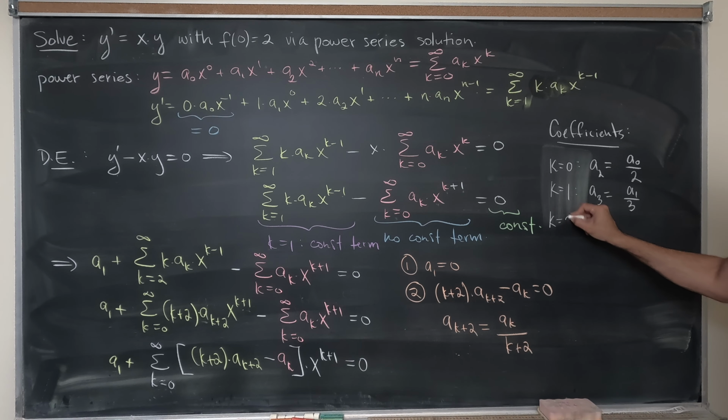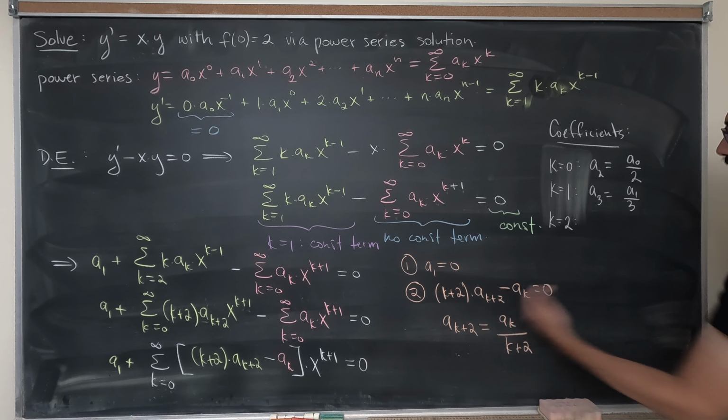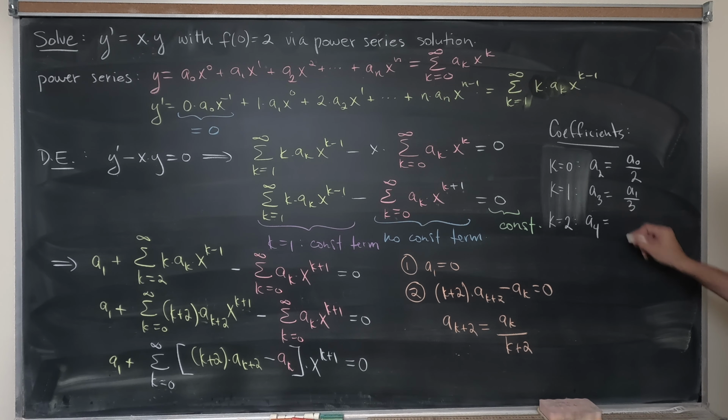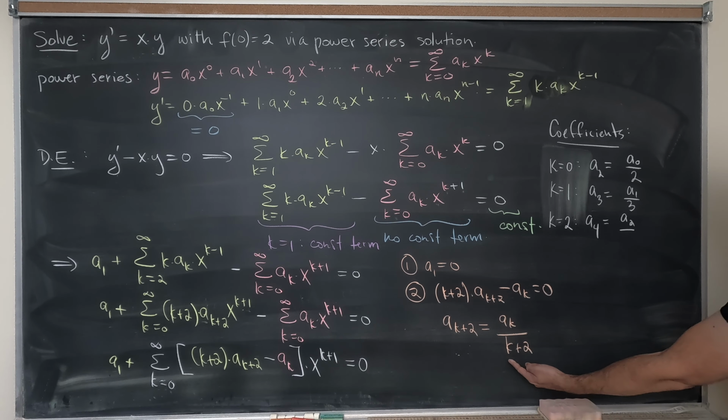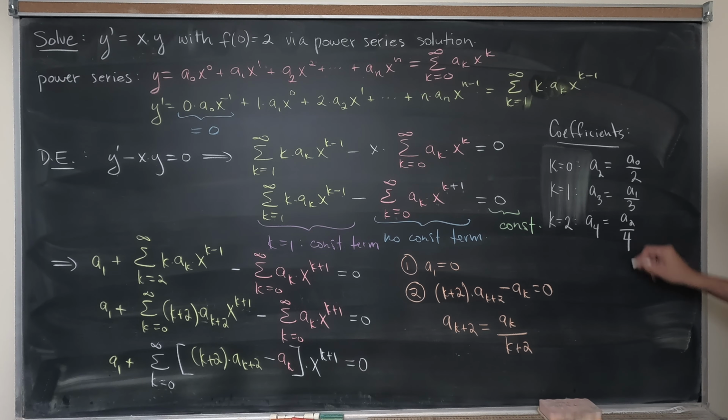When k is 2, we have a sub 4 equals a sub 2 divided by 2 plus 2 is 4. But a sub 2 is just half of a naught. And if you take half of a naught divided by 4, that's an eighth of a naught.